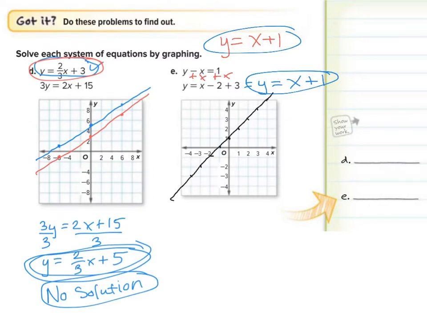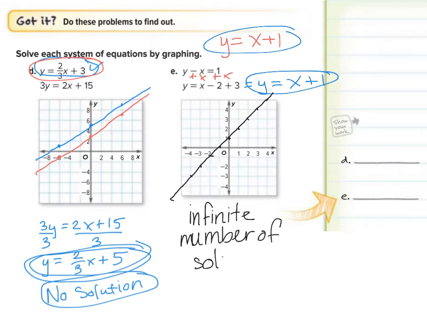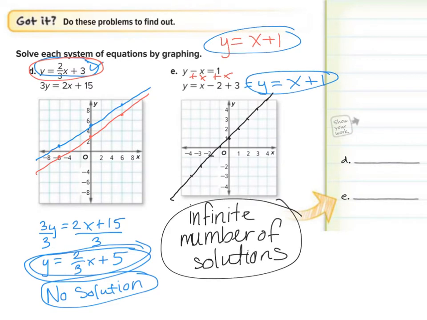And so since those both share the same line, it's an infinite number of solutions. All right, so those are the answers to D and E.